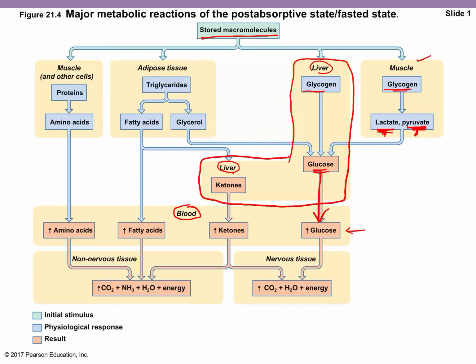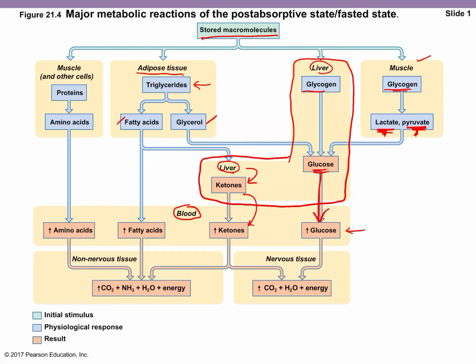If we look at our fat, our adipose tissue, we know that triglycerides is the storage molecule here. When we break down fat, we get fatty acids and glycerol. These substances, the glycerol can come into the liver again, and the glycerol can be formed into ketones. The ketones can actually go into the bloodstream. So we talked about ketones as sort of a bad byproduct of building up, you can become ketoacidotic.